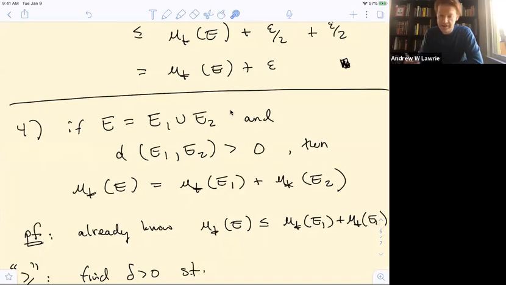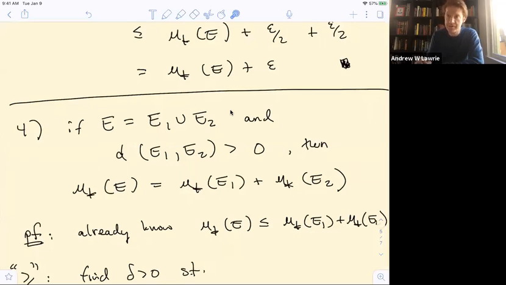So this is going to be the distinguishing issue, because now you might start saying, well, the exterior measure sounds like a good candidate for the measure. We're getting close to proving all the properties we'd like to have for a measure, except we'd like what you just said. We'd like this to hold without this hypothesis that their distance is positive. We'd like it to hold just if they're disjoint, and we're not going to be able to prove that.